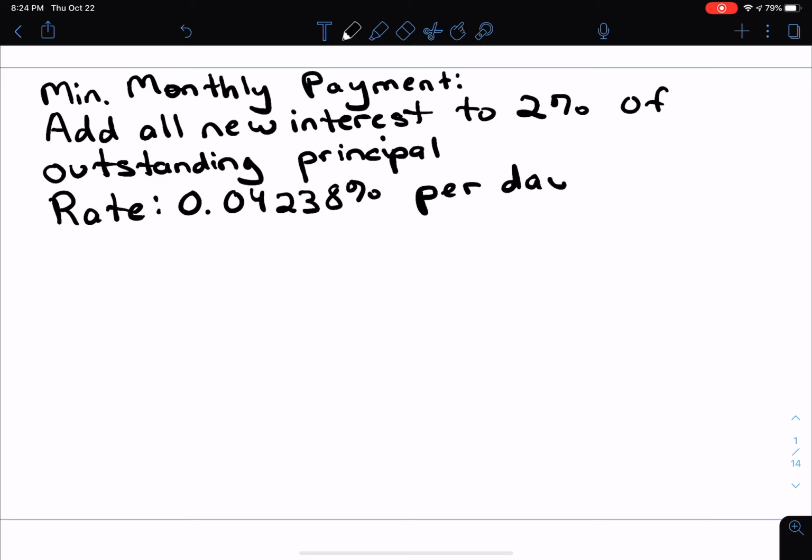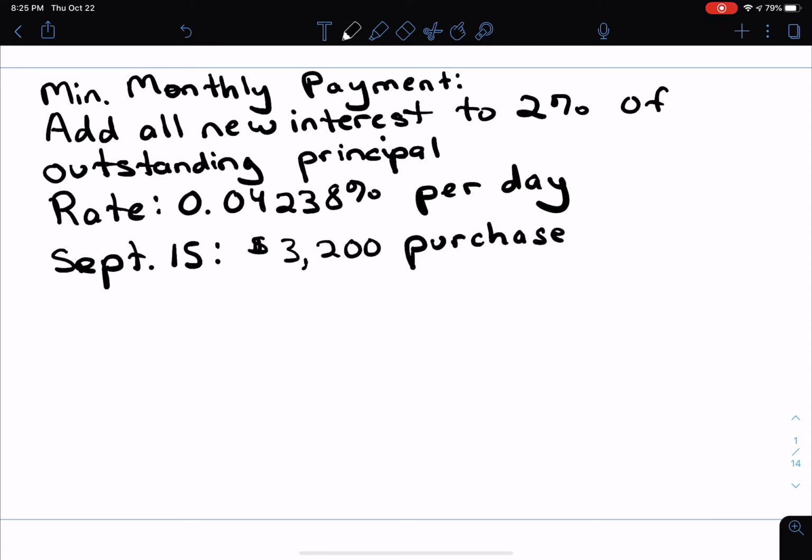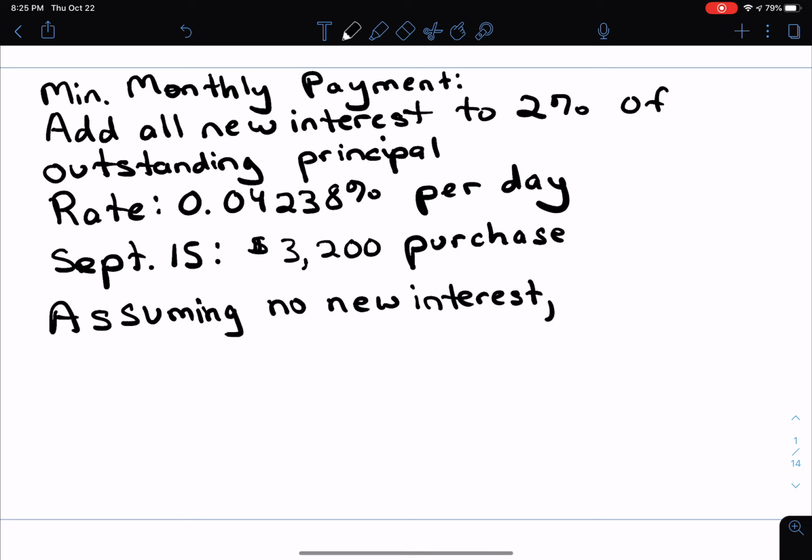So this is a daily rate. The person that has this credit card used it on September 15th to purchase something for $3,200. No other purchases during the month of September. So assuming there's no new interest, what is the minimum payment due on October 1st?